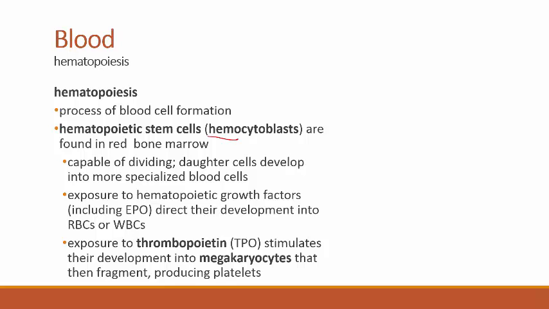Hemo means blood, cyto means cell, blasts are builders, so the blood cell building cells, or hematopoietic would mean, again, blood producing stem cells. And as these stem cells divide under the influence of erythropoietin, then the daughter cells will develop into red blood cells.